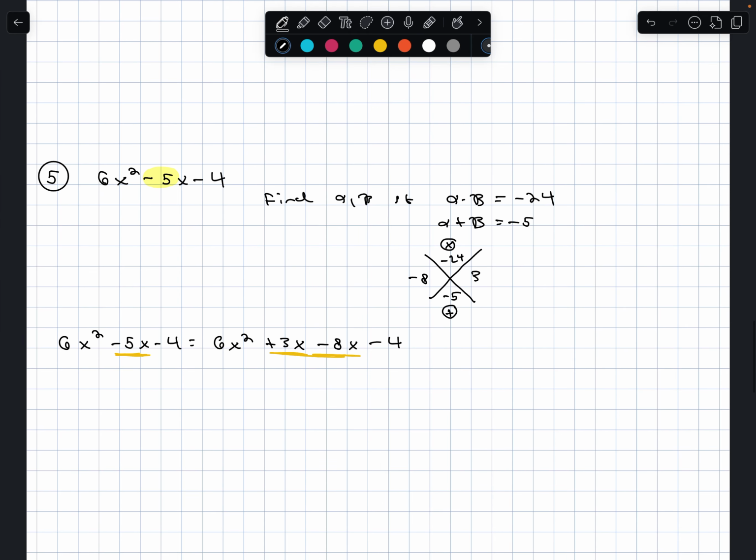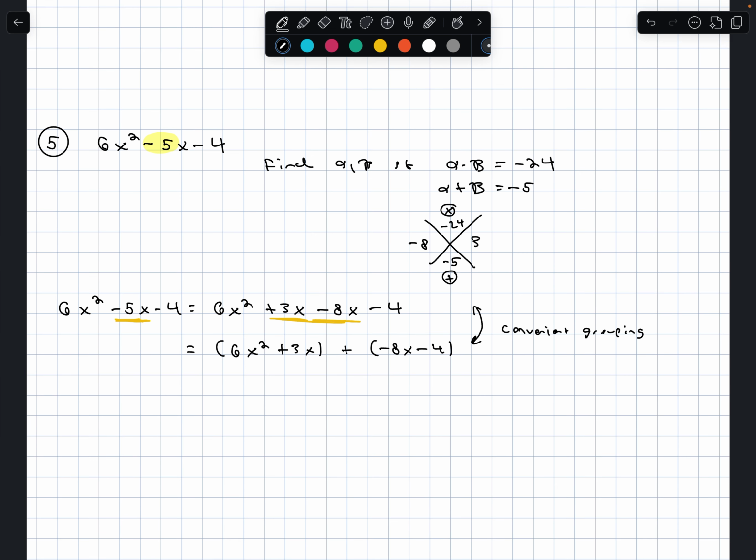So let's group this as 6x squared plus 3x, and then this is plus negative 8x minus 4. Right, from this line to this line, nothing happened. I just put parentheses around things that looked like they're going to have common factors. Literally nothing happened. This is just convenient grouping.